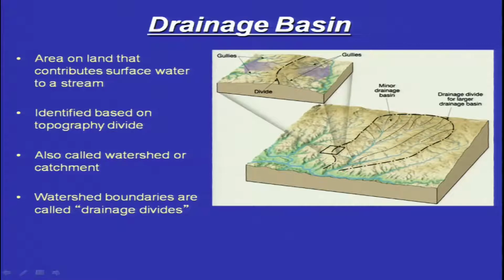So, you are having one stream here, another one here, this is the major stream, and of course, they are the tributary of this major one. So, these are the sub basins of this stream actually. This is the divide between this basin and this basin here.